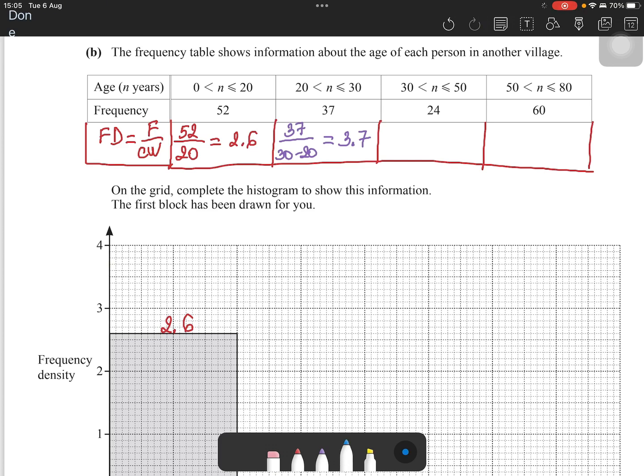And then for the third interval, the frequency is 24 divided by the class width, 50 minus 30, which is 20, so 24 divided by 20 equals 1.2. Finally, for the last interval, the frequency 60 divided by the class width 80 minus 50, which is 30. It is 60 divided by 30 equals 2.